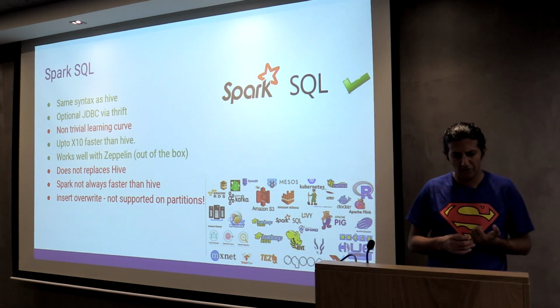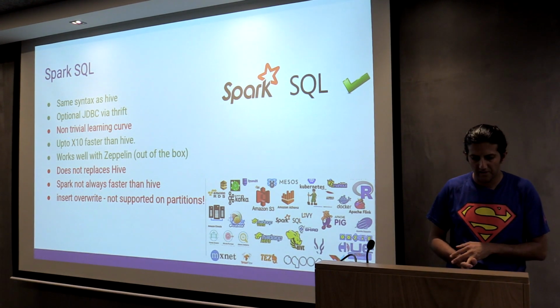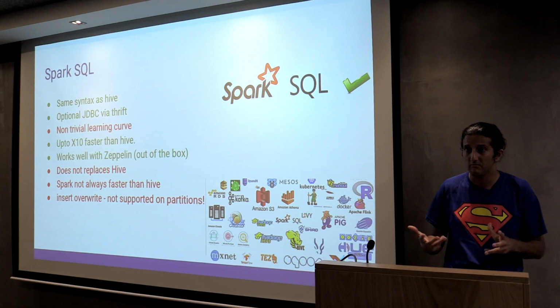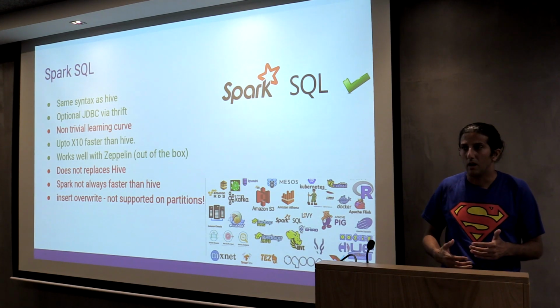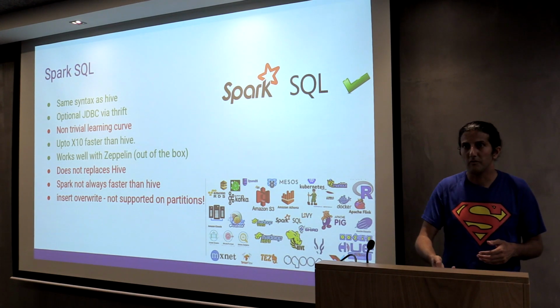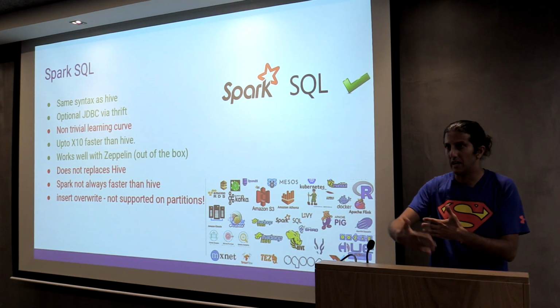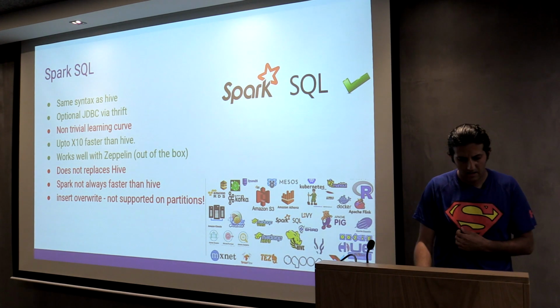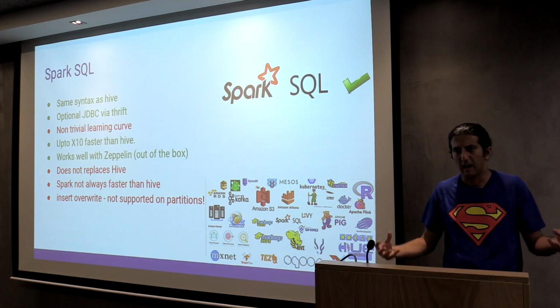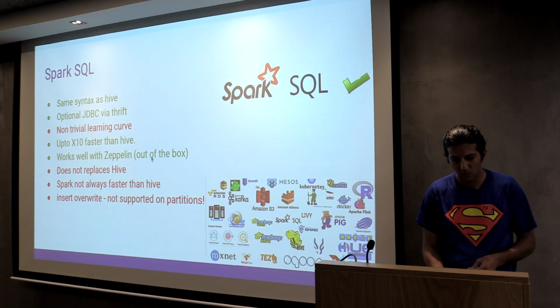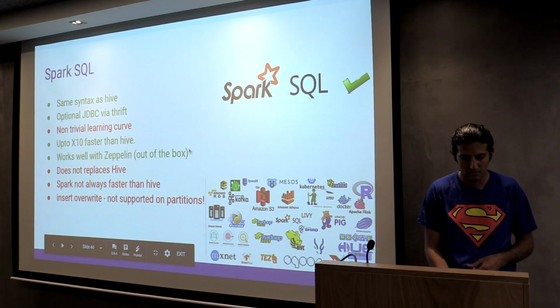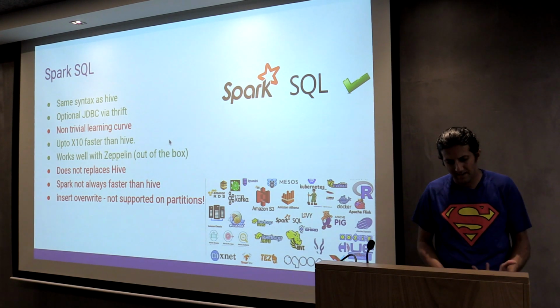Why did we choose Spark SQL? Because it has the same SQL syntax as Hive. It has optional JDBC, so data scientists can work on top of it without knowing what engine is running behind it. It's faster than Hive, and it's out of the box connected with Zeppelin, which is another GUI we can discuss. It's this logo. It doesn't replace Hive.